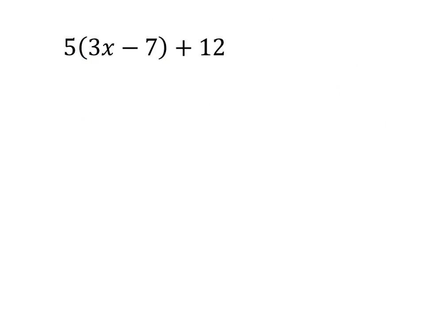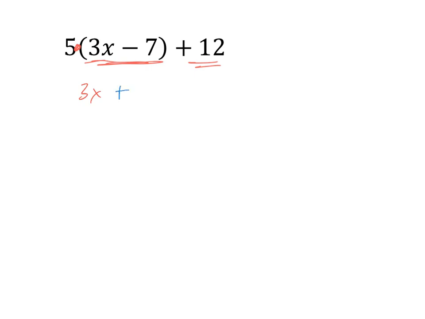Okay, so now this is a little different because we have something out here. The thing you have to remember is this part here is the only thing the 5 is being multiplied times. So this is going to be 5 sets of 3x, and we talked about earlier that we would turn everything into addition.